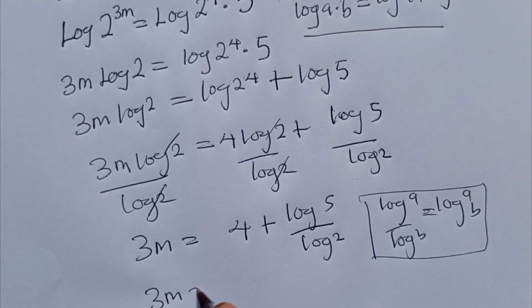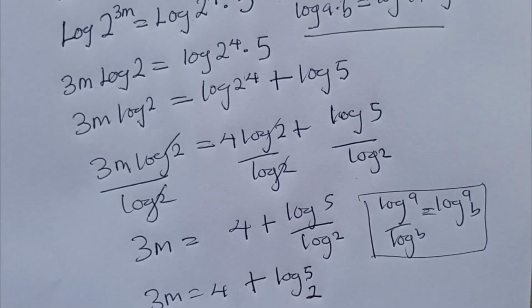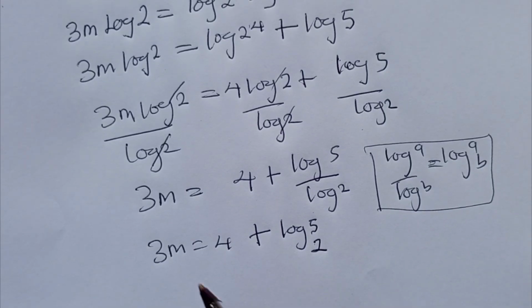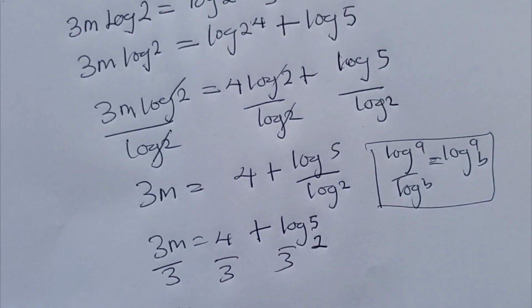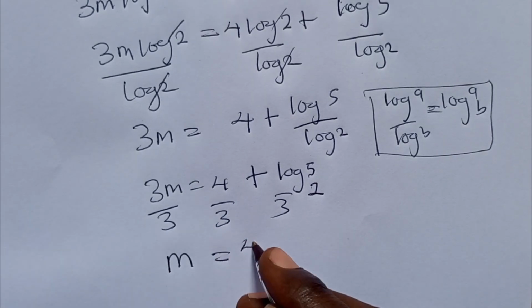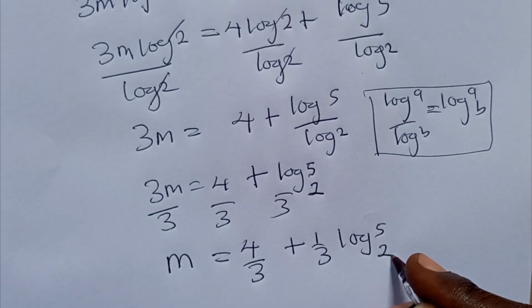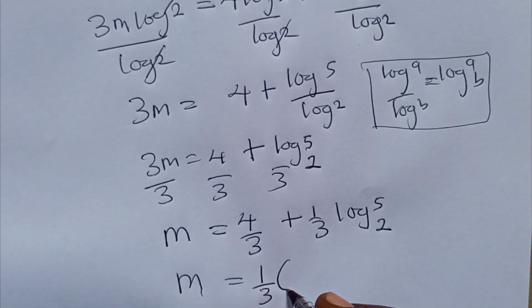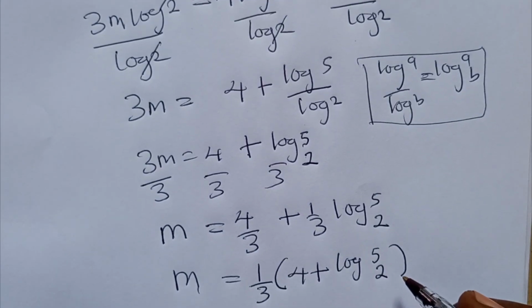So let's apply that here. So it's going to be log 5 base 2. So this is the value of our m. Our m is this, we are looking for m, but this is 3m. Sorry. So we are going to divide all through by 3 such that our m is going to be 4 divided by 3 plus 1 over 3 log 5 base 2. And m can be written as, you can decide to factor out what is common, 1 over 3, 4 plus log 5 base 2. So this is the value of our m.